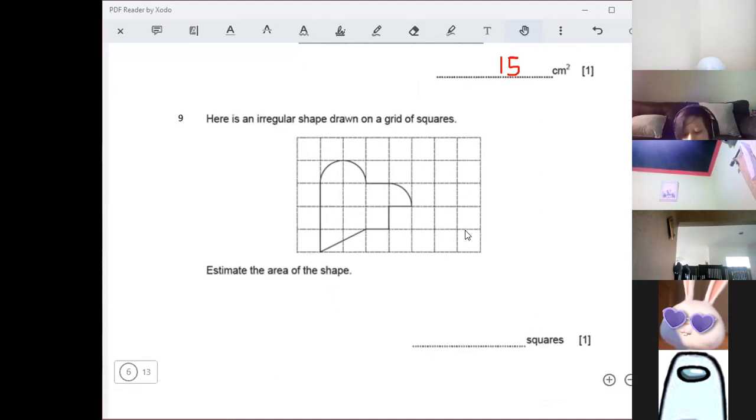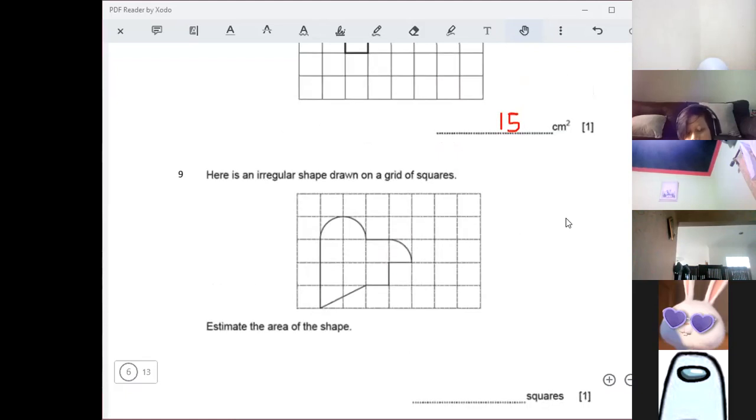Estimate the area of the shape. Okay, Rafa, okay. Raditya Dika. Raditya Atifa. Okay. Emily, okay.